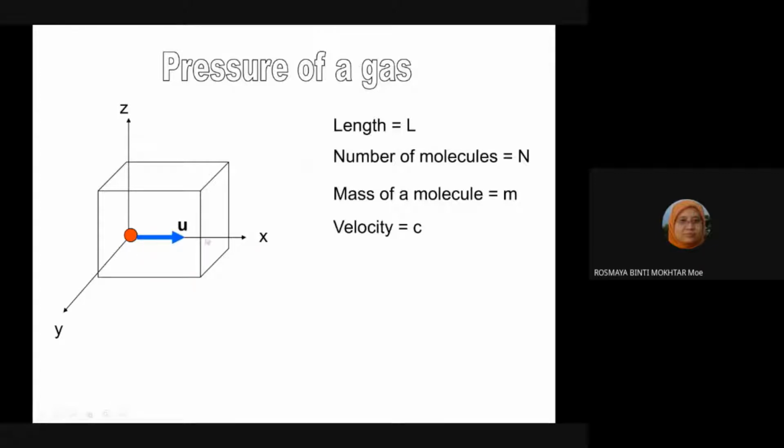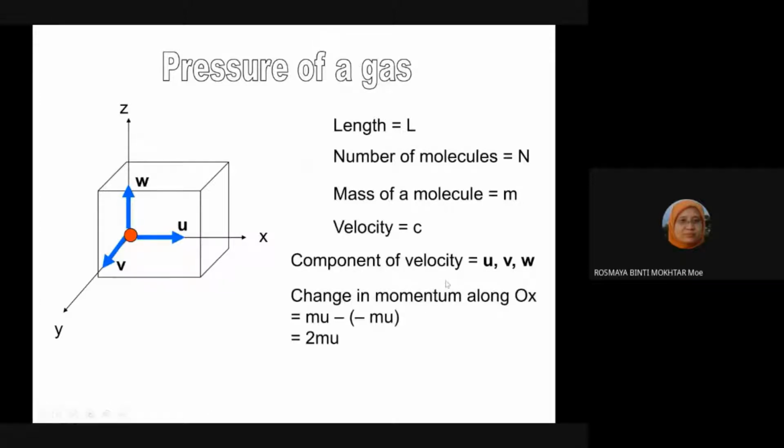It will move along X with velocity U. The velocity generally is C, so for the components of the velocity, we can write U, V and W: U along X, V along Y, and W along Z. Then we relate this with momentum, which is mass times velocity, so we have mass M and velocity U, V, W.